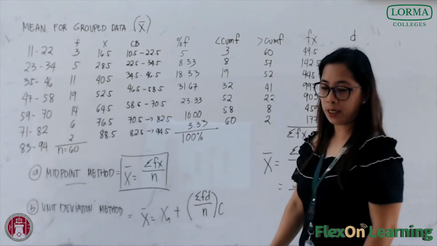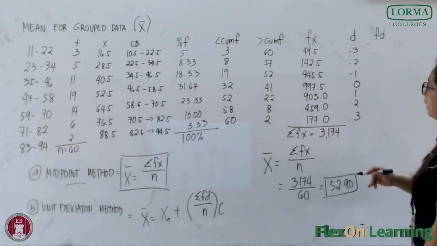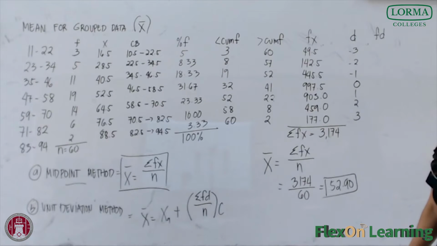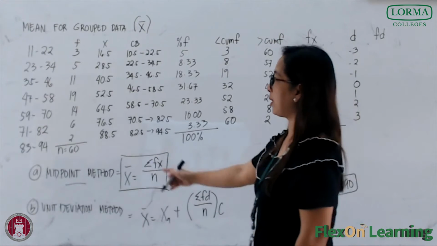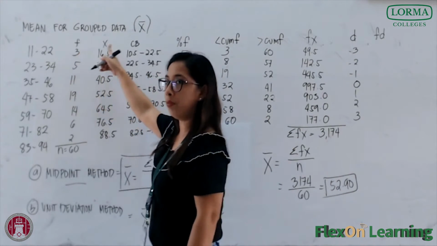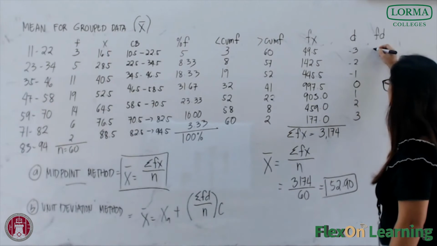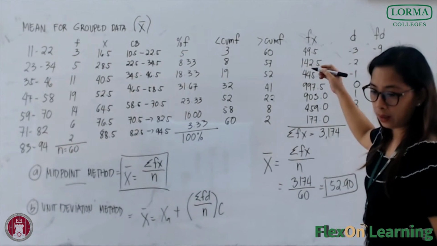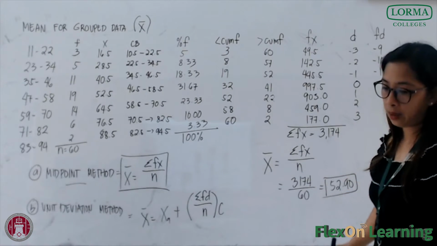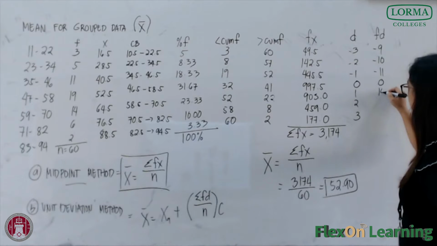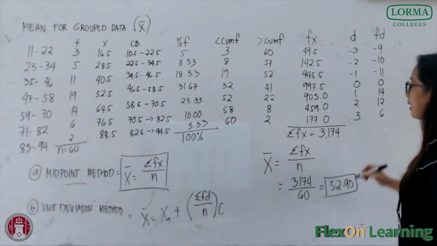Now we are ready to get the frequency multiplied by the unit deviation. Including the negative values, that would be 3 multiplied by negative 3, giving negative 9, negative 10, negative 11, and then we have 0, 14, 12, and 6.